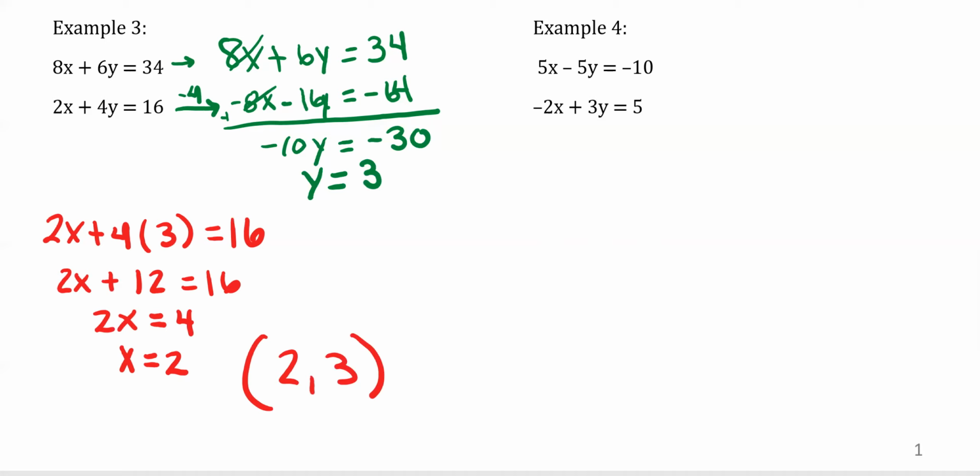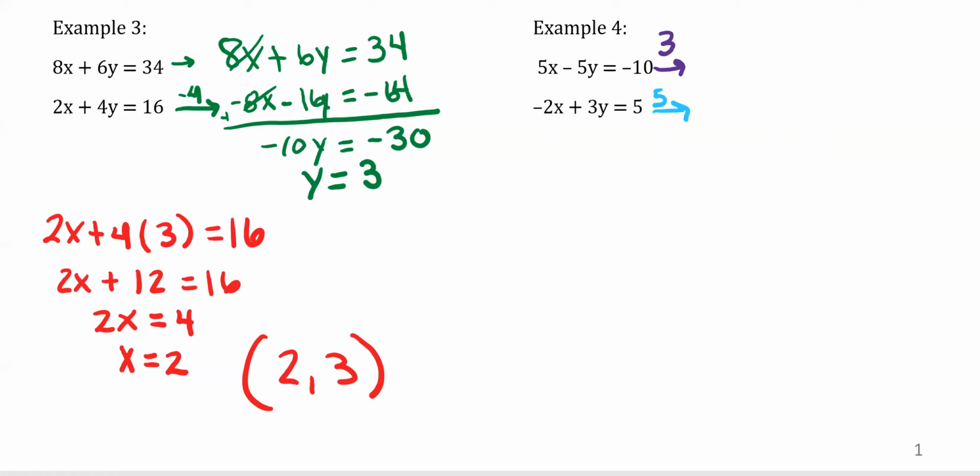Example 4. The objective is to be able to eliminate your variable. So one way is if we multiply the first equation by 3 and the second equation by 5. Why did I choose to do that?